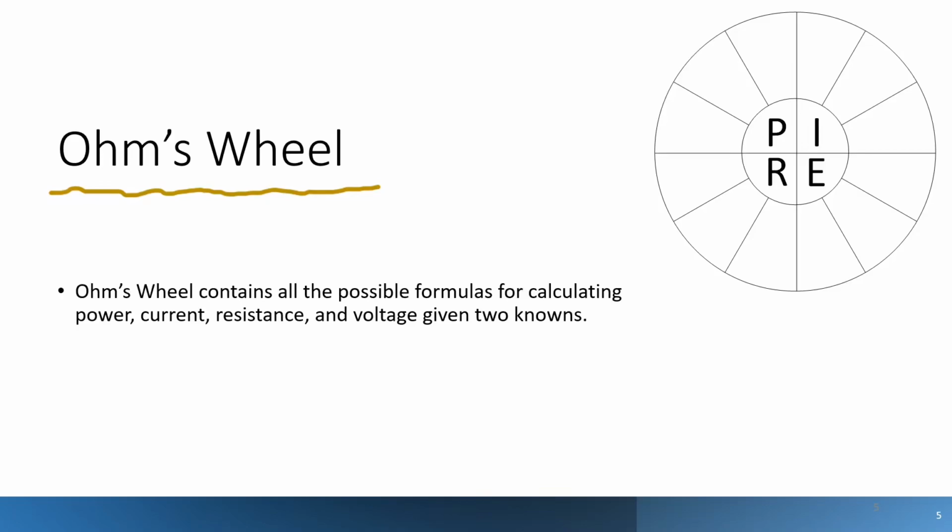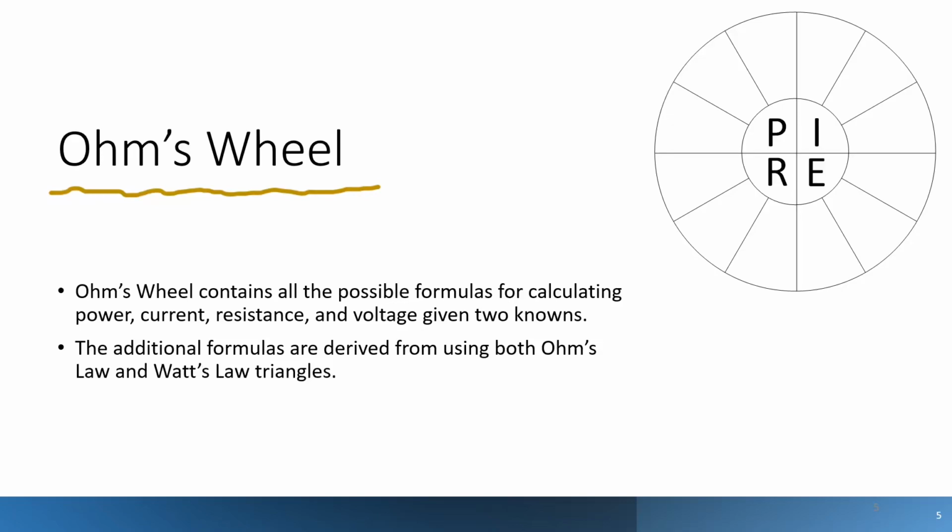The Ohm's wheel contains all the possible formulas you would need to calculate power, current, resistance, or voltage with only 2 knowns. Okay, so we're going to see that when we're done comprising this wheel. The additional formulas are derived from the Ohm's law triangle and the Watt's law triangle.